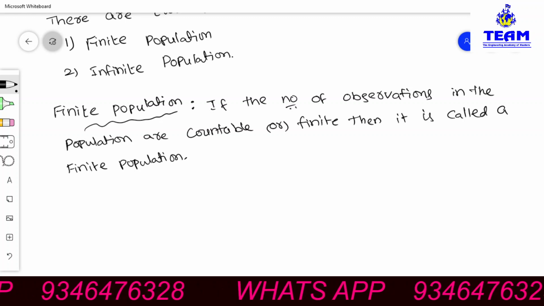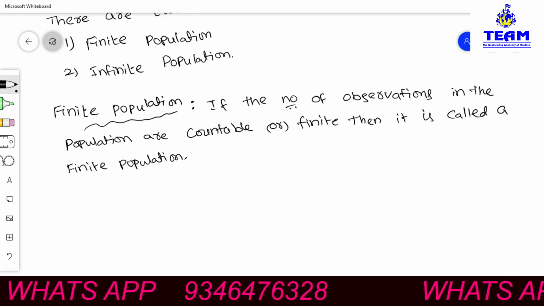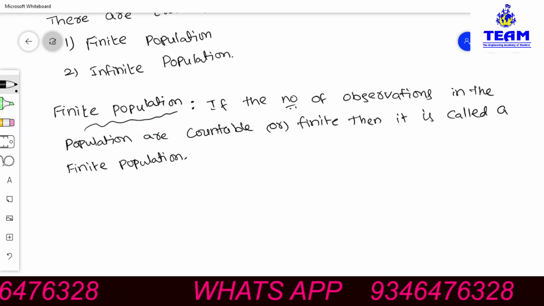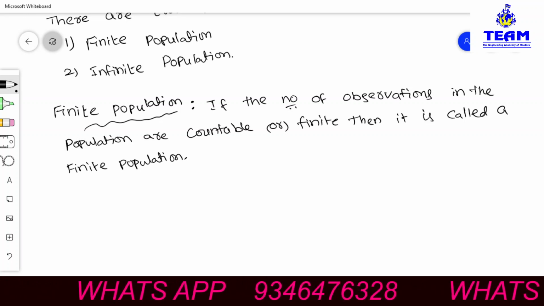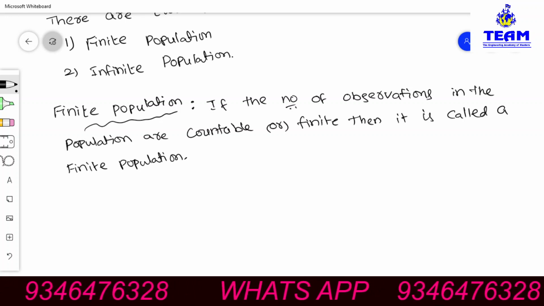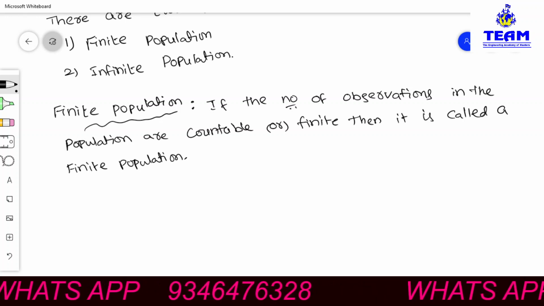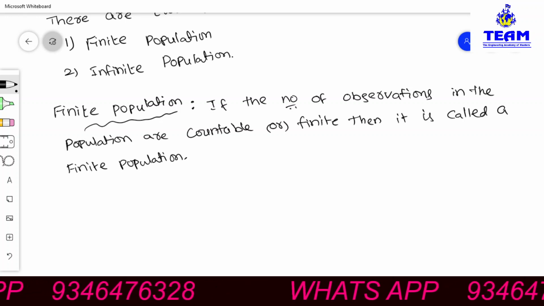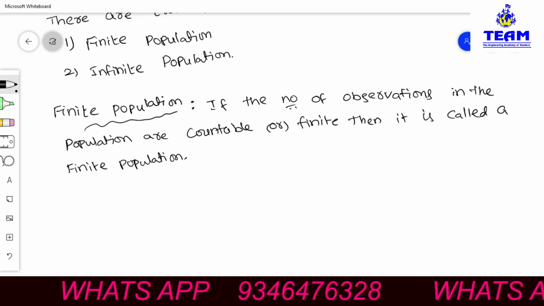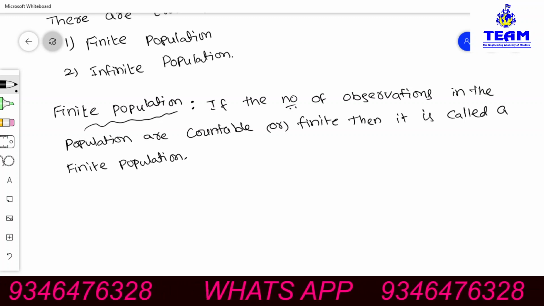For example, when you toss a coin, we get either head or tail. That means the number of observations are 2. In the same way, when you throw a die, we are having numbers 1, 2, 3, 4, 5 and 6 on the die. So, I will give you an example for this.